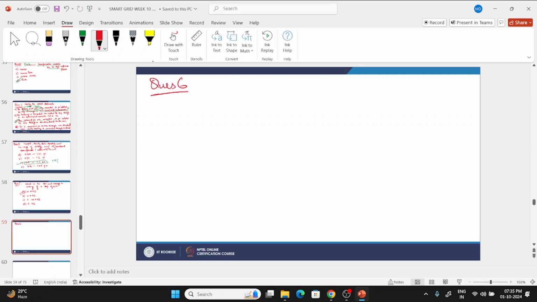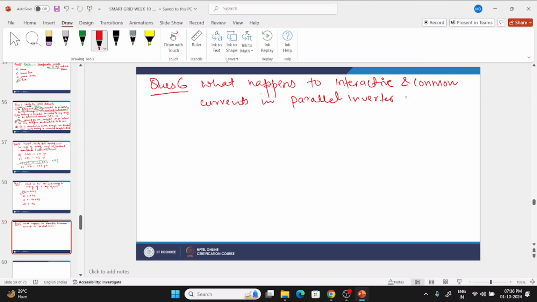So another question, question 6. What happens to interactive and common current in a parallel inverter system when resonance occurs? A, they stabilize due to filtering.